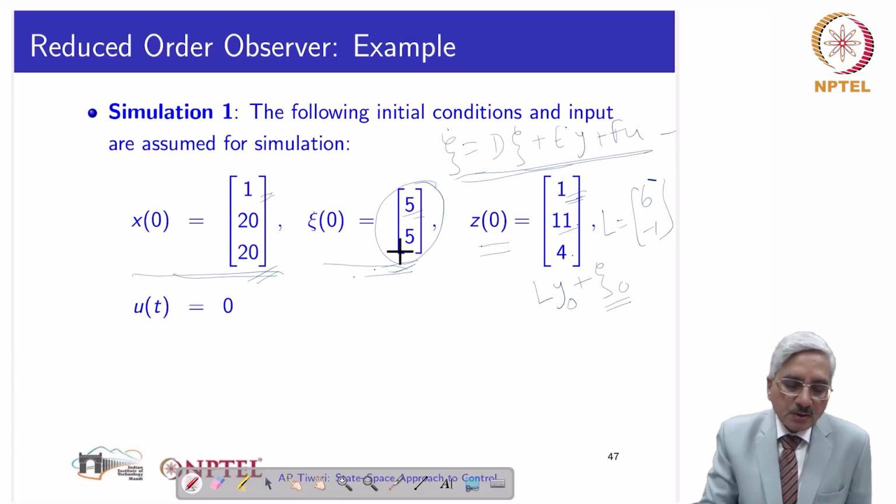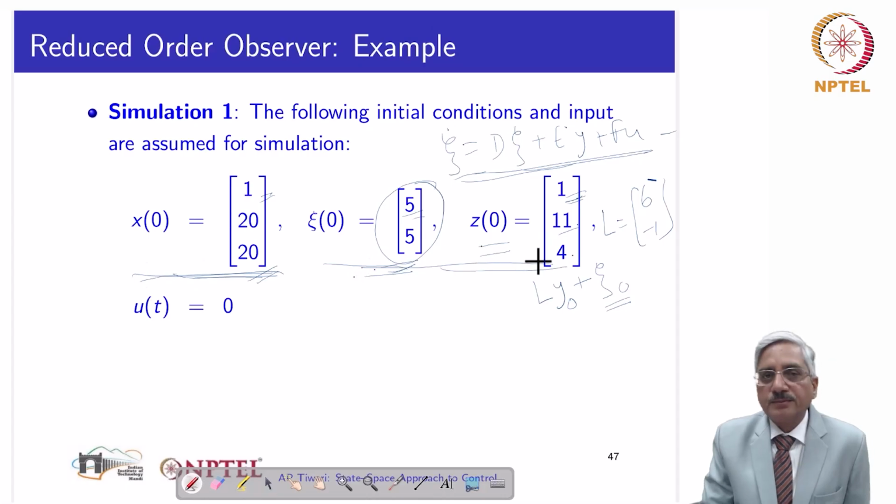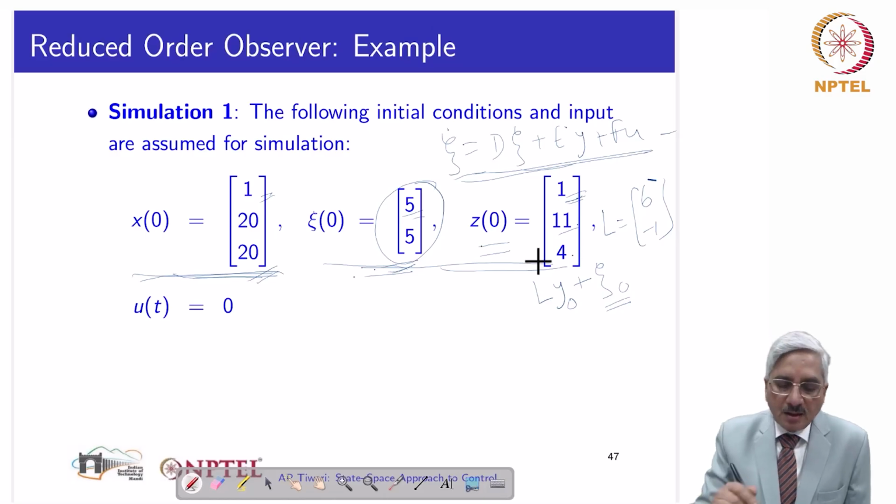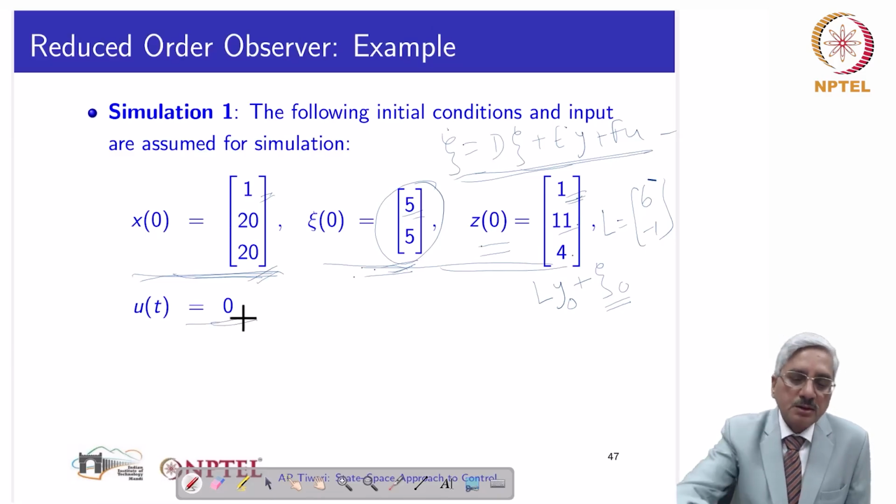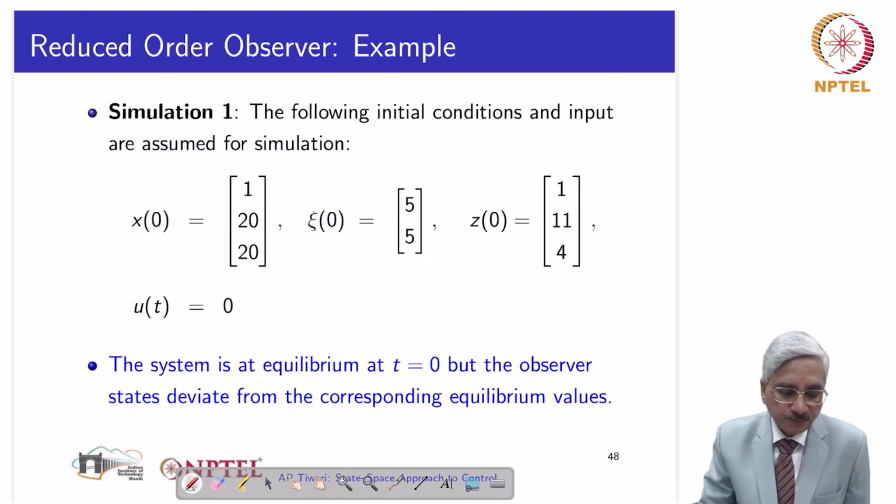So we are assuming that system is at equilibrium, but observer is not at equilibrium. Its states are not at the equilibrium, and that means when we simulate the observer equation, we will find that it undergoes transient, even with input u equal to 0. So that is what we are going to see.